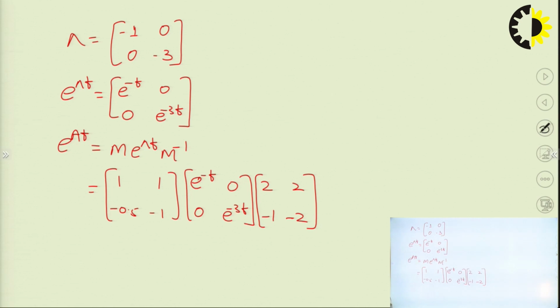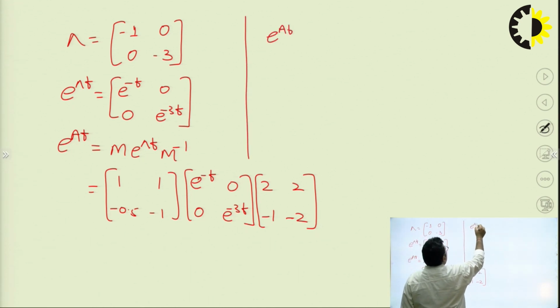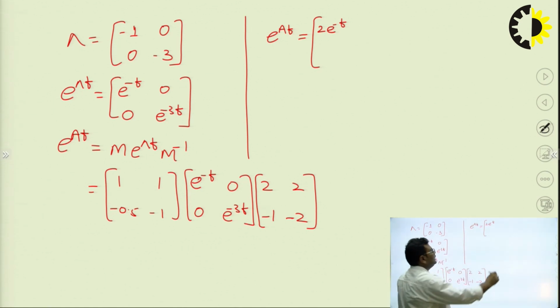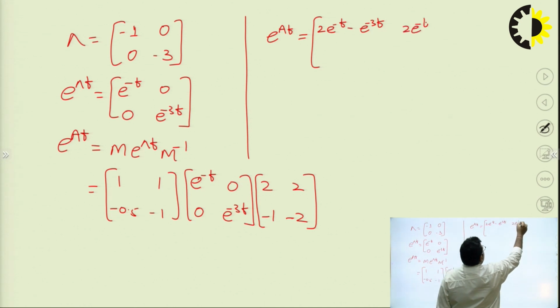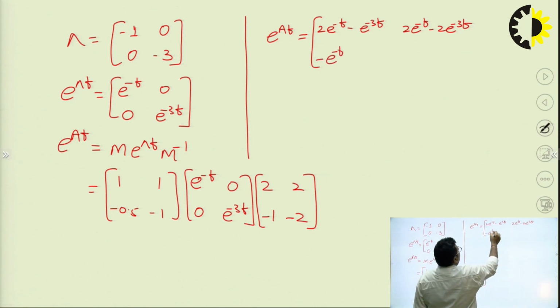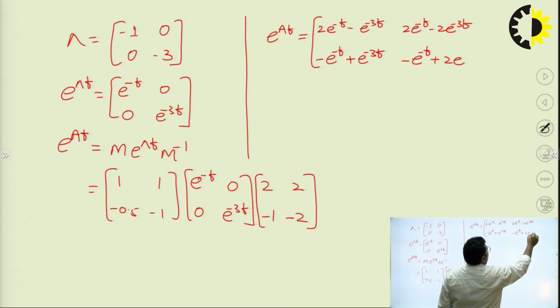After multiplying this, we will find the final value of e to the power At, and it will be [2 e to the power minus t minus e to the power minus 3t, 2 e to the power minus t minus 2 e to the power minus 3t; minus e to the power minus t plus e to the power minus 3t, minus e to the power minus t plus 2 e to the power minus 3t].